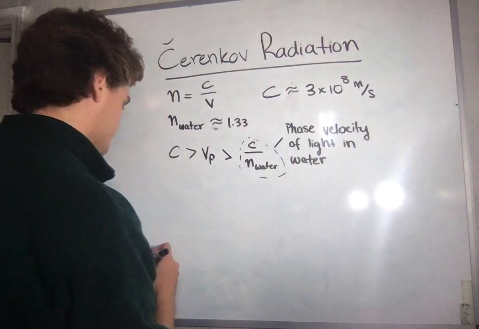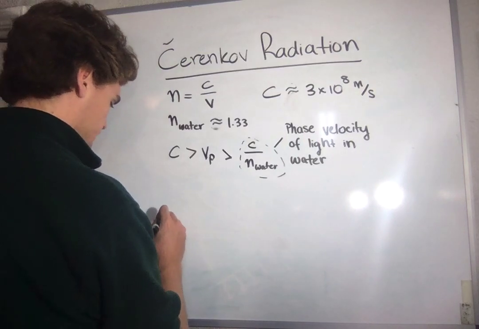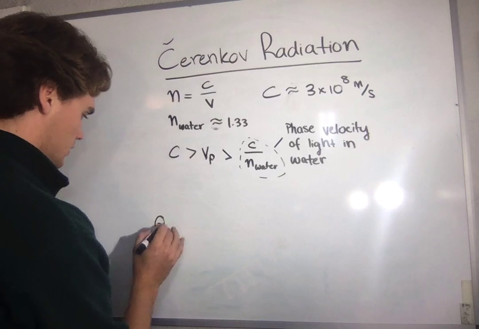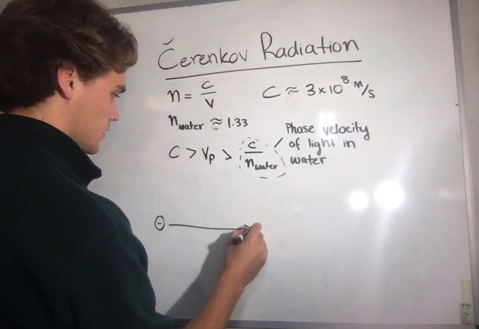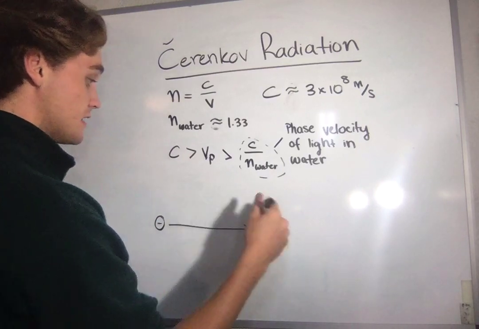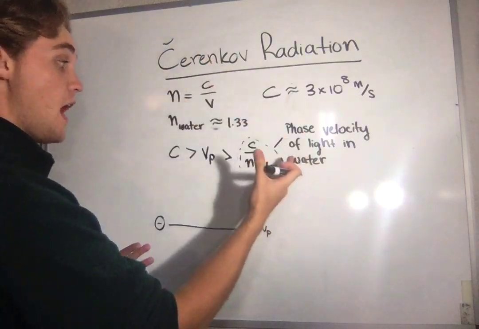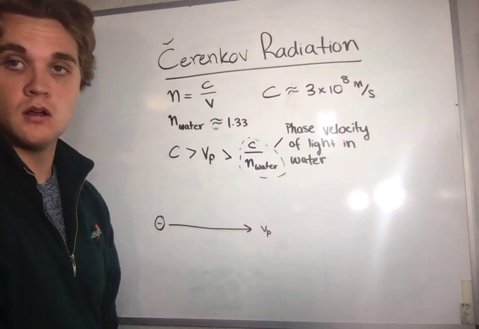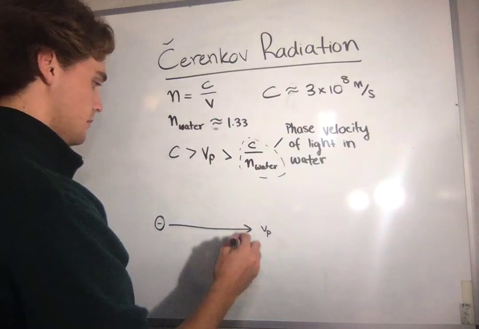That's it, okay? If I have an electron, it's got a little minus in it, traveling with this Vp, and it's being accelerated due to the fact that it's traveling in matter, in water. It's just slowing down because that's what happens when you travel in matter.